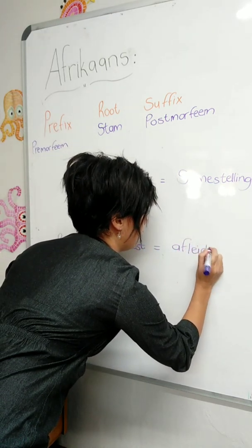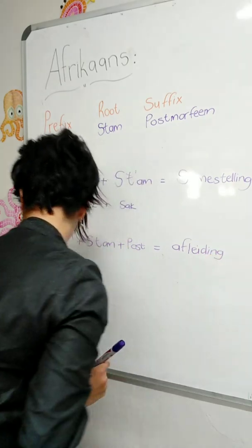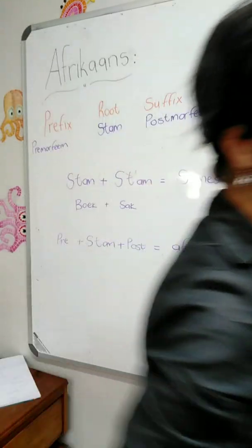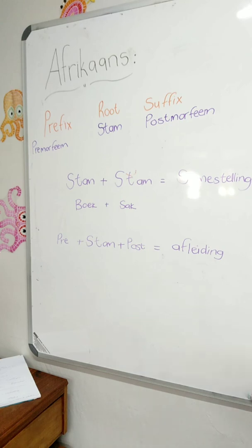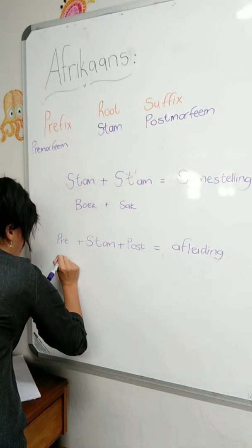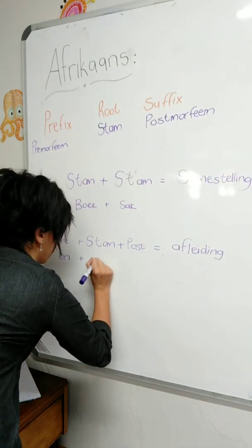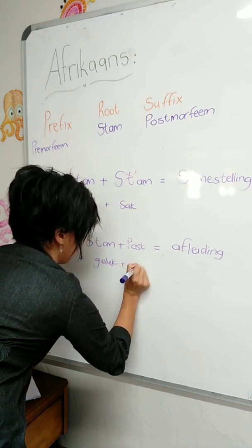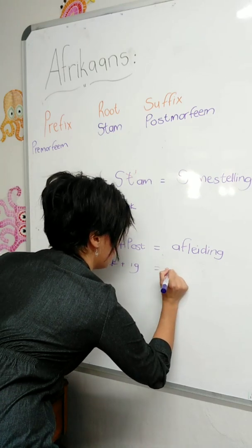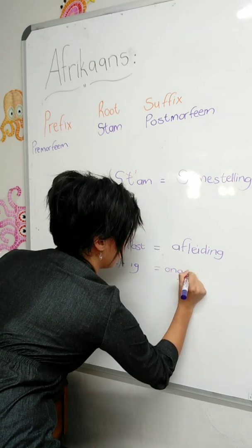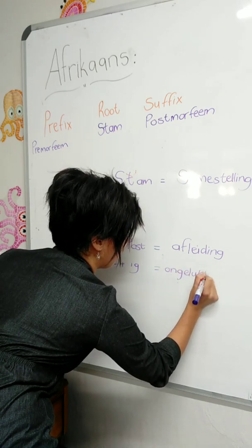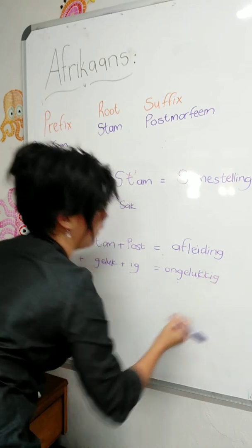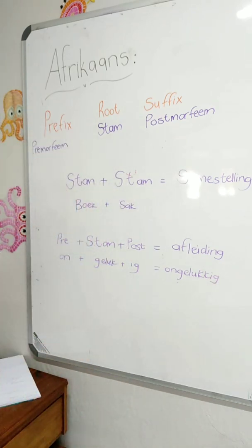Afleiding. Good. Now an example will be like ongelukkig, unhappy. Ongelukkig.